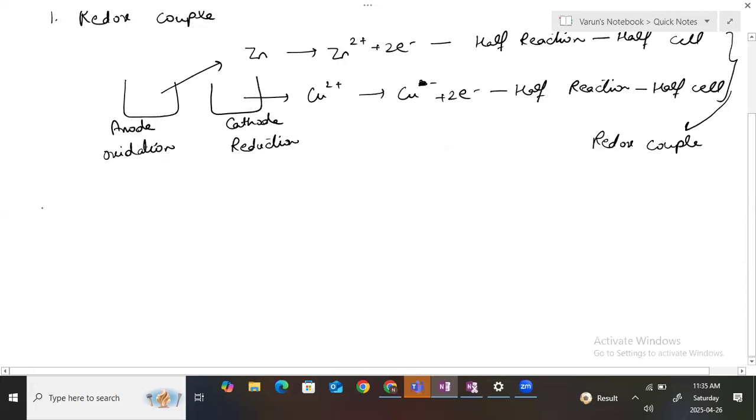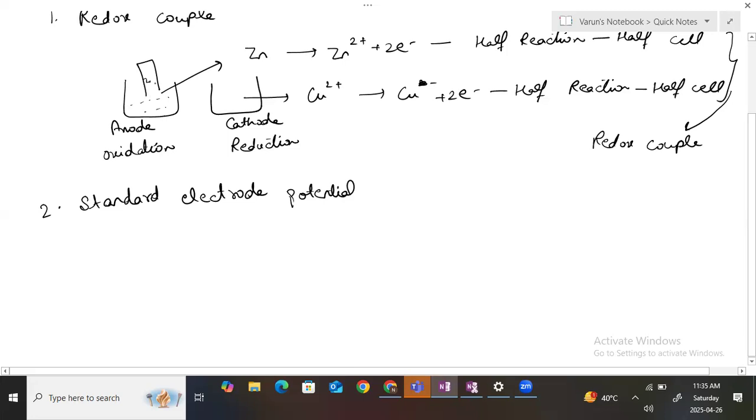Next terminology that I have is the standard electrode potential. Before knowing what standard electrode potential is, I have to know what electrode potential is. When we were doing the reaction, there was the electrolyte in this half cell and there was an electrode.